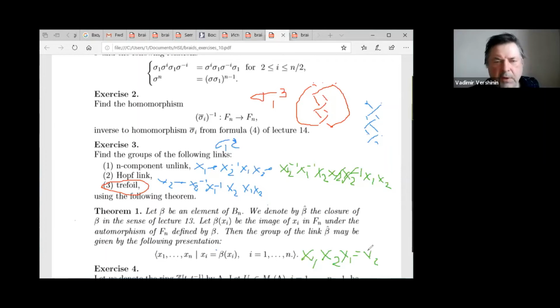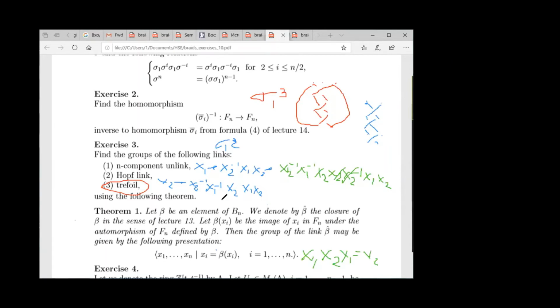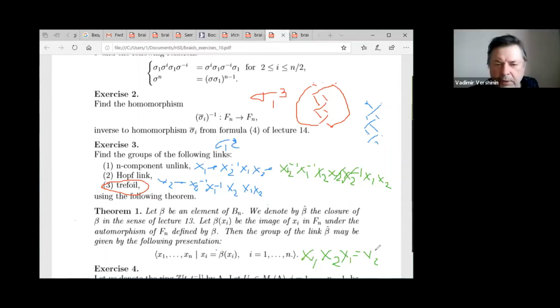Yes. I feel x1, x2. I don't want to lose time. You will have the same relation here.